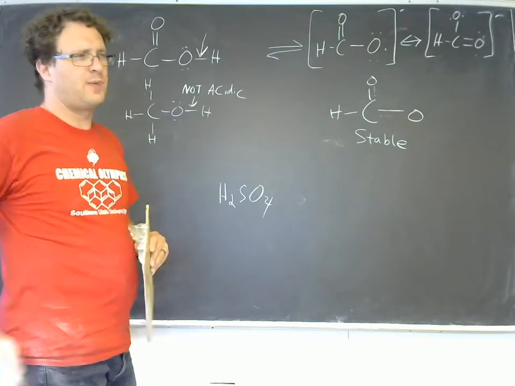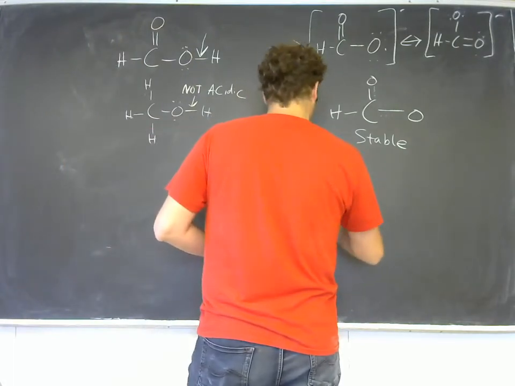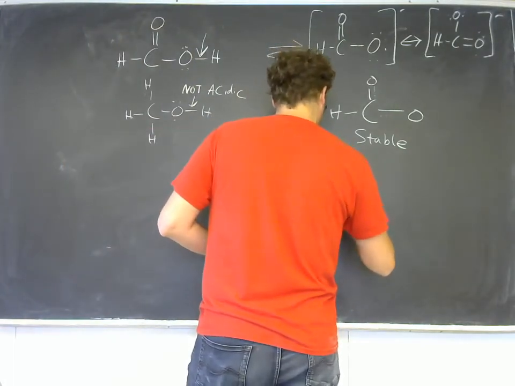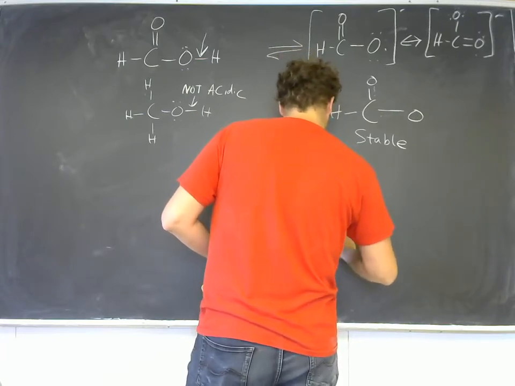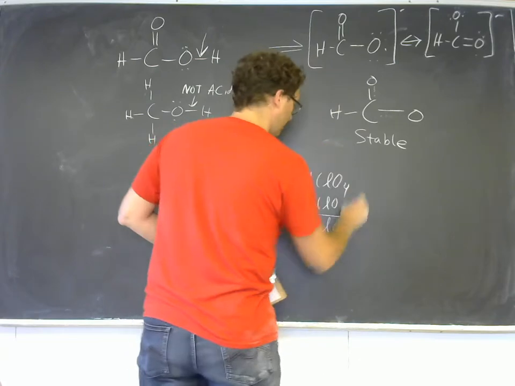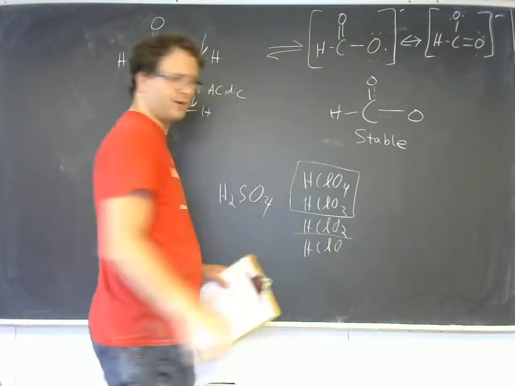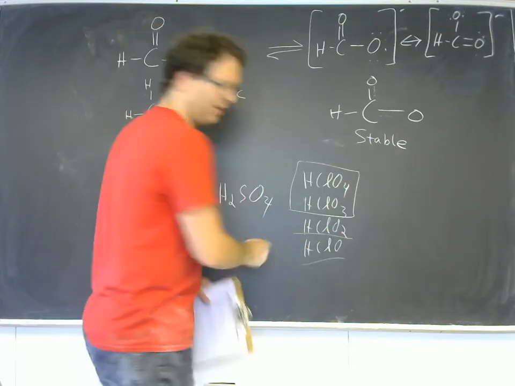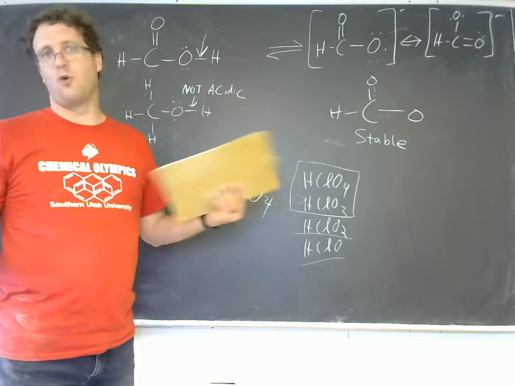And so if we look at HClO4 versus HClO3 and HClO2 and HClO, well, these two are strong acids, and this one's a moderately strong acid, and HClO is a truly pathetic weak acid with a low Ka value.